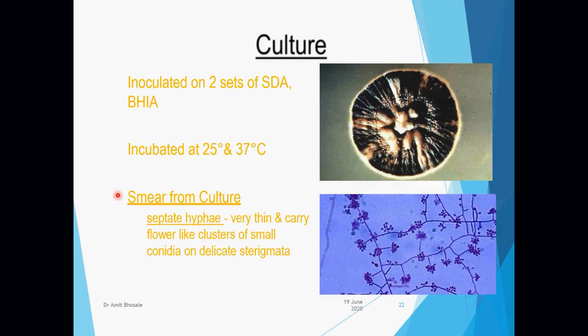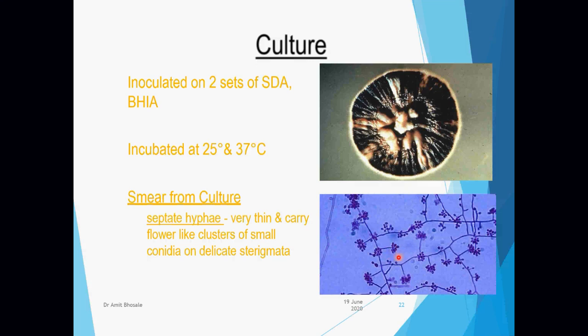A smear from the culture is done, or a lactophenol cotton blue preparation is made. In that we can see septate hyphae, which are very thin and carry flower-like clusters. You can see here the typical flower-like cluster of small conidia on delicate sterigmata.